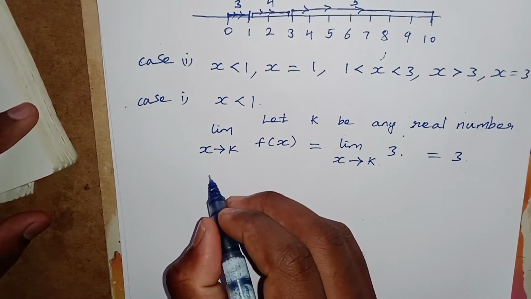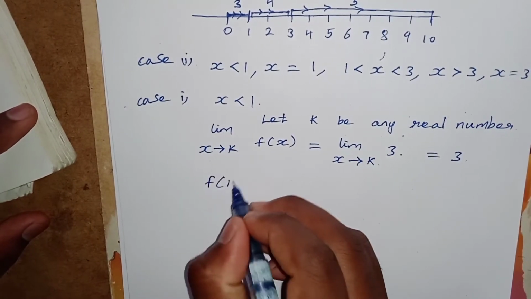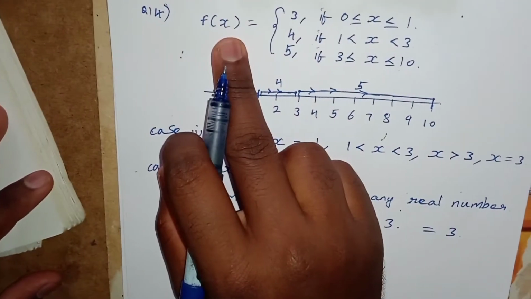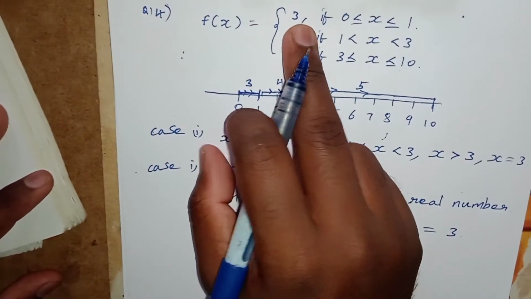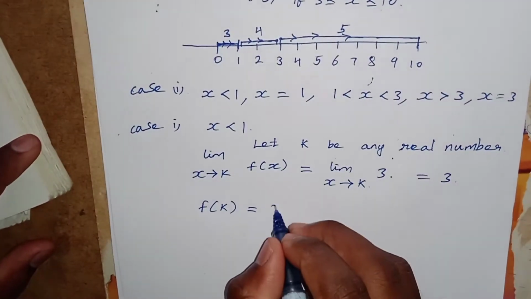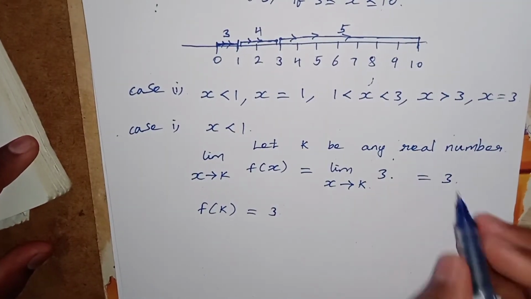Next, f of k. In the place of x you have to substitute k, therefore here my function is 3. There is no x present, therefore 3 is my answer.